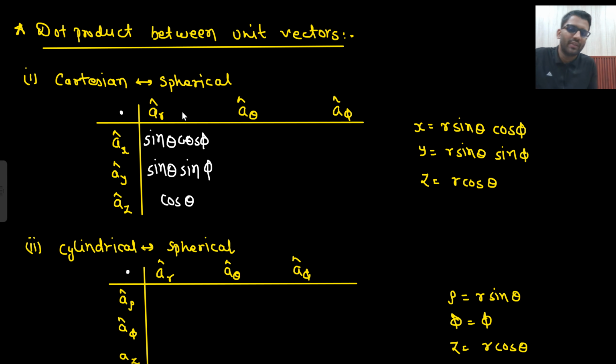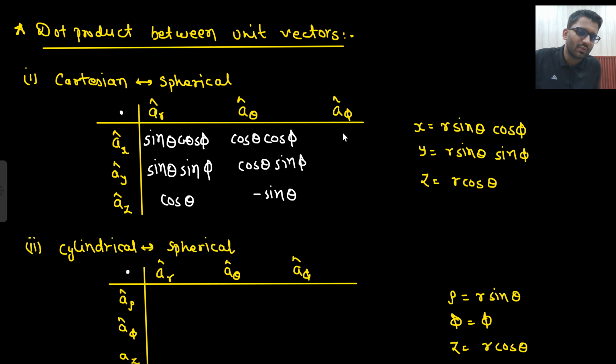What do I need to do? Differentiate with respect to theta first. So what am I going to get? Cos theta cos phi, then cos theta sin phi, and then minus sin theta. Now I will differentiate with respect to phi, and I forget about theta. Cos phi will give me minus sin phi, sin phi will give me cos phi, and this will give me 0.